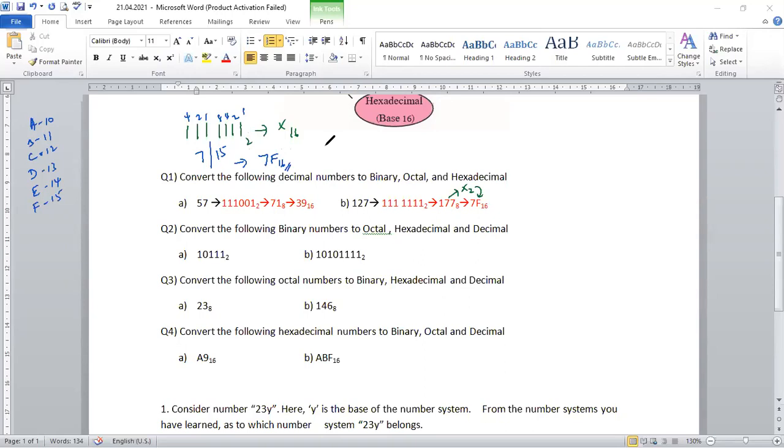I think now this is clear. 7F, the base will be 16.